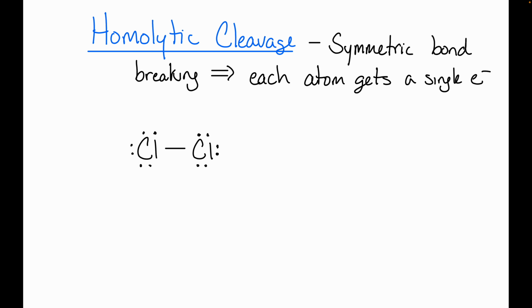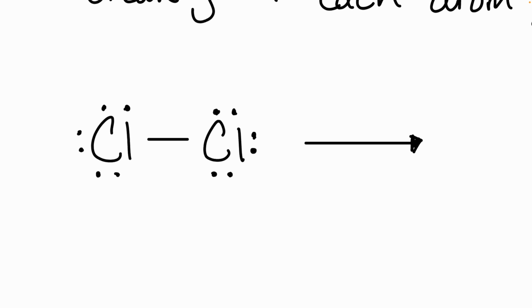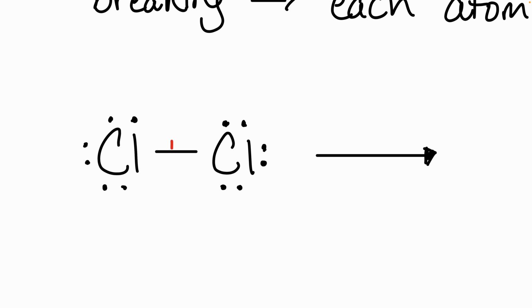We talked a little bit about these special electron pushing arrows, these fishhook arrows that we use to represent the movement of single electrons. So if I was going to show a homolytic cleavage here, I would show 1 electron jumping onto this chlorine atom and the other electron jumping onto this chlorine atom.